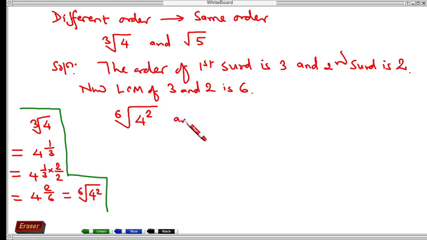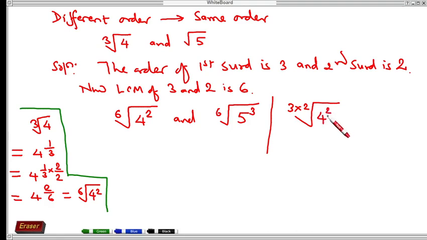And root 5, how can we convert root 5? We should write directly 6th root of 5. Here 2 times 3 is just 6, so you can write here 3. Or sometimes you may write 3 times 2, and 2 times 3.